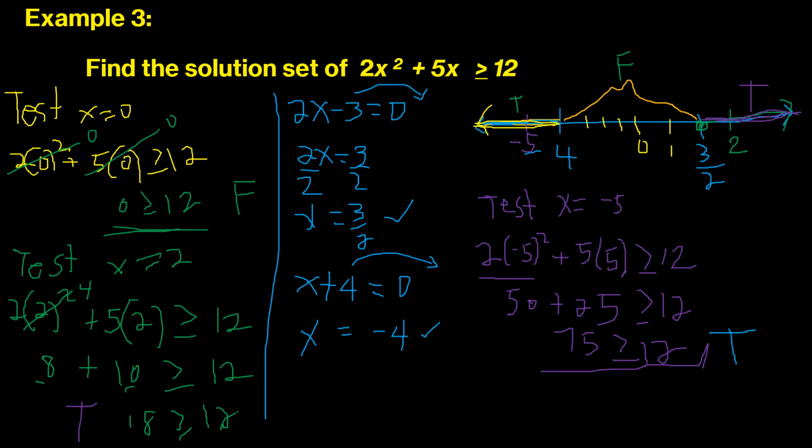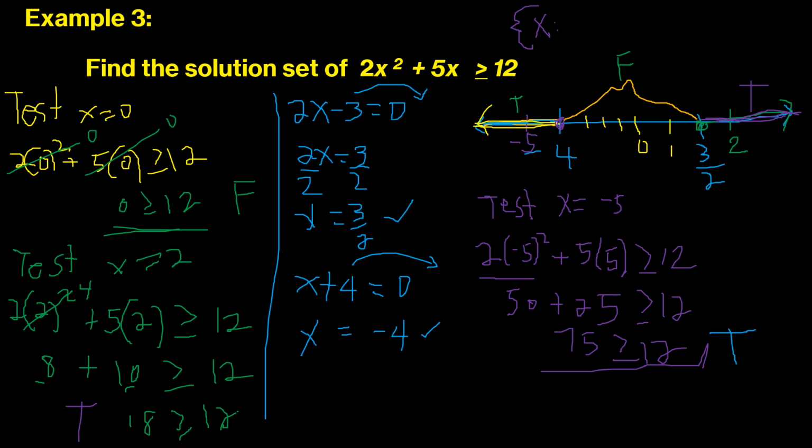Therefore, to express our solution set, let's have x such that, how are we going to describe the numbers at the left of -4? And -4 is part of this solution set because of this symbol here.